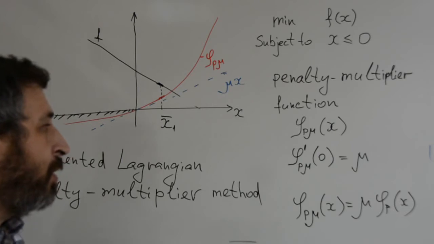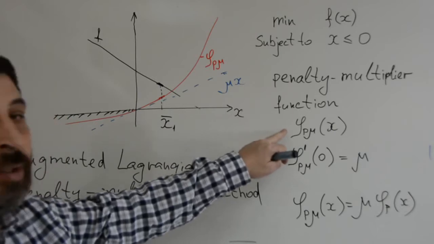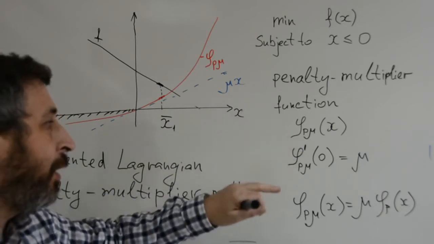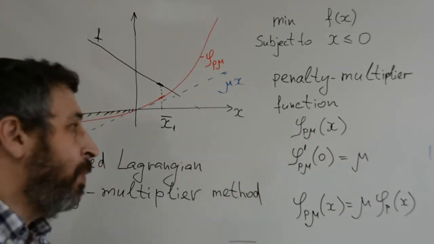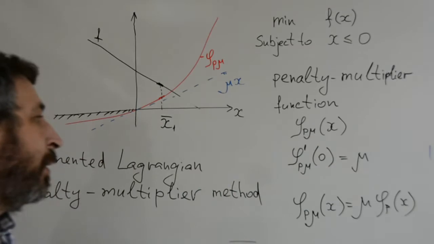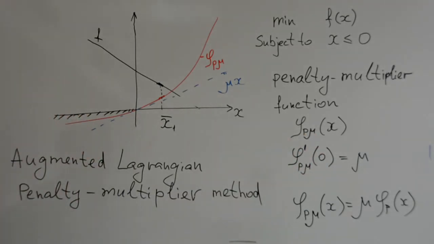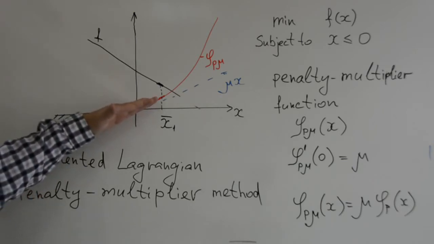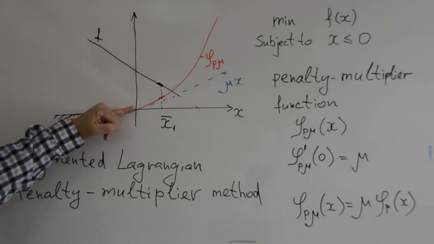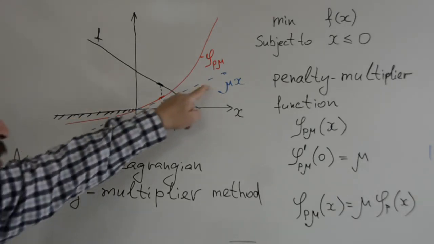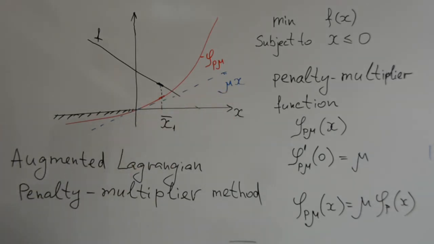What we do for this method, we introduce another parameter into the penalty function, and we call it slope or multiplier, denoted as mu, and it controls the slope of the penalty function at the origin. You see the tangent line to the penalty function, it's just the linear function mu x.